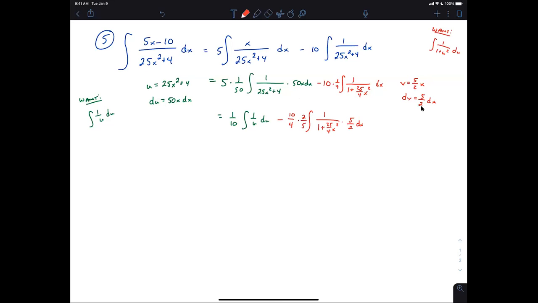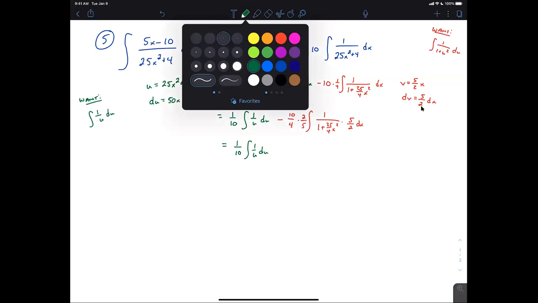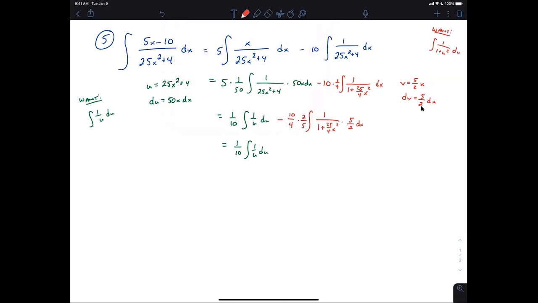Okay? And now the first integral is pretty much done. I'm going to leave it in the integral form until we do both of them at the same time, but you can go ahead and evaluate that if you want. The outside of that becomes 20/20, which is just 1, so it cancels completely. And then this is 1 over 1 plus v squared dv.